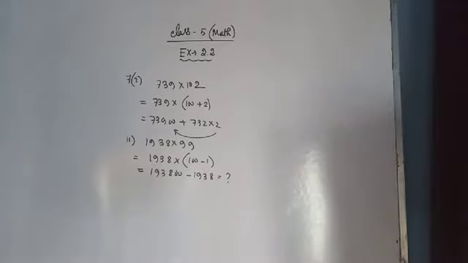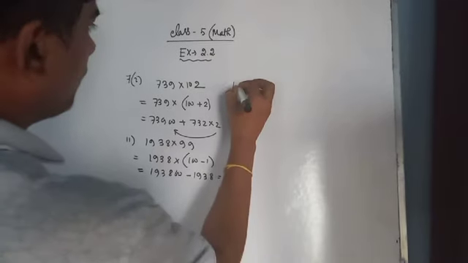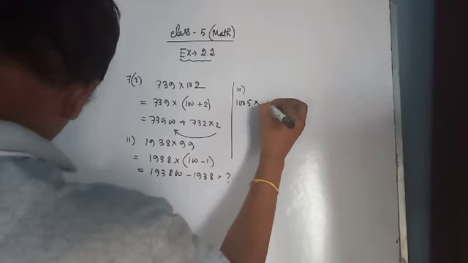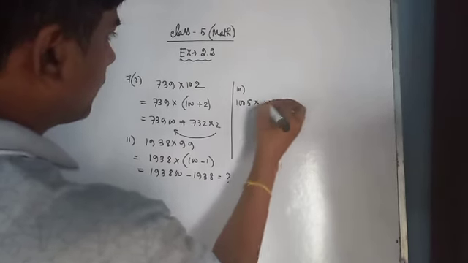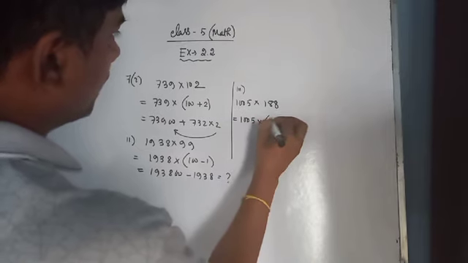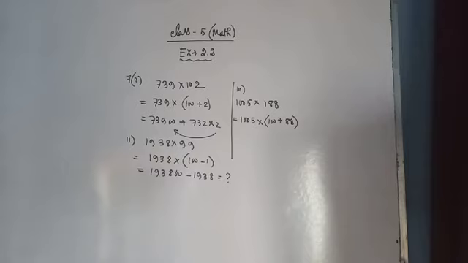And last of all, another math. Number 3: 1005 into 188. So 1005 into 100 plus 88. You say, sir, if I do 200 minus 12, that is 188.